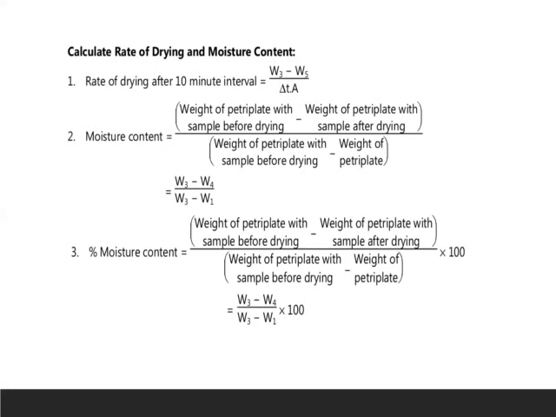Next is the percent moisture content: after calculating the moisture content, simply multiply by 100.